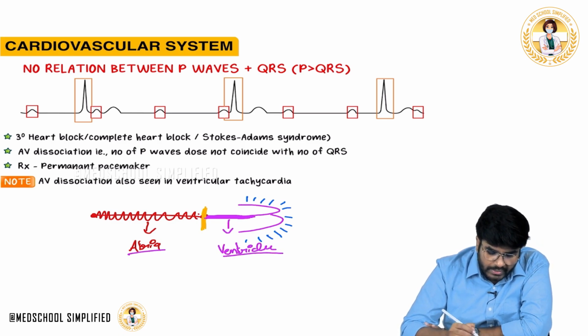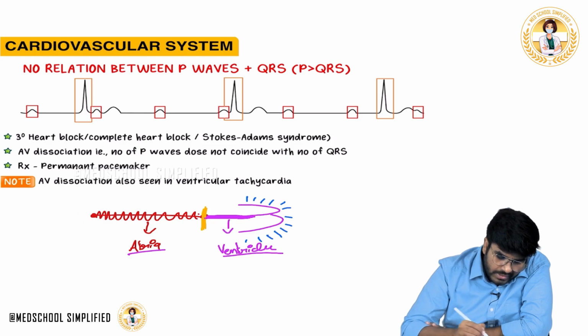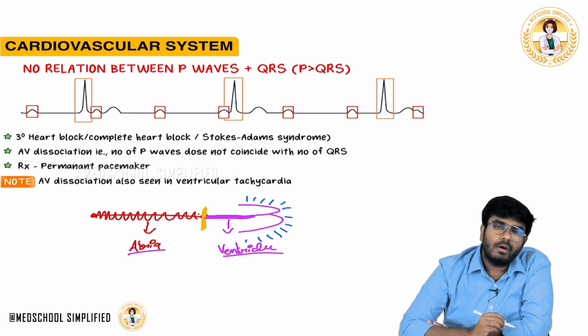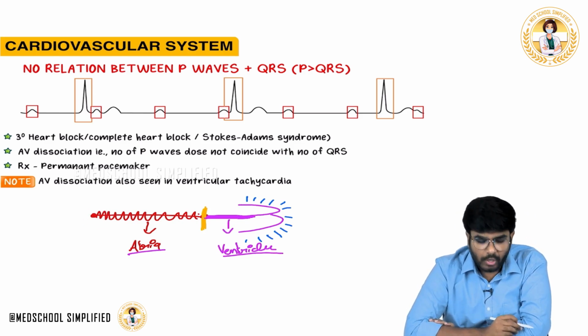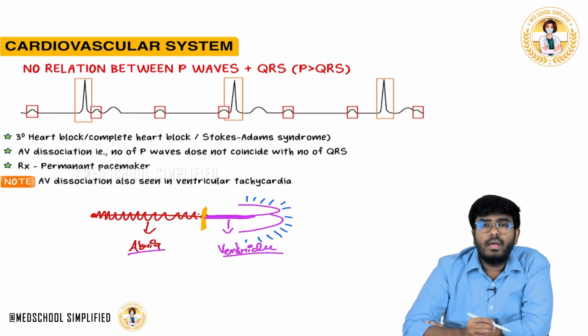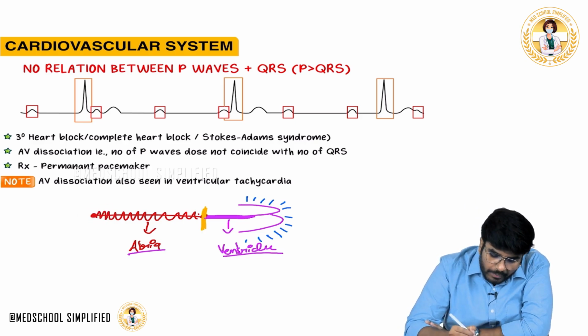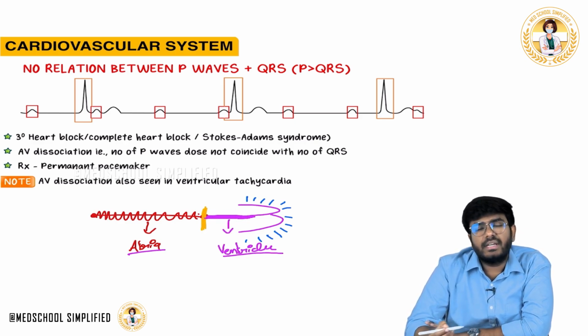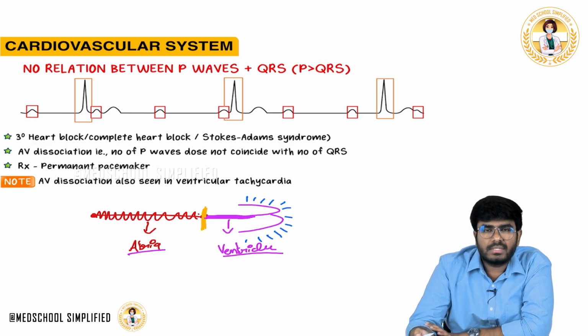So atria are controlled by the SA node and ventricles are controlled by the bundle of His. Now tell me, how many impulses are coming from the SA node? 100 impulses. How many impulses are coming from the bundle of His? Only somewhere around 40 impulses.